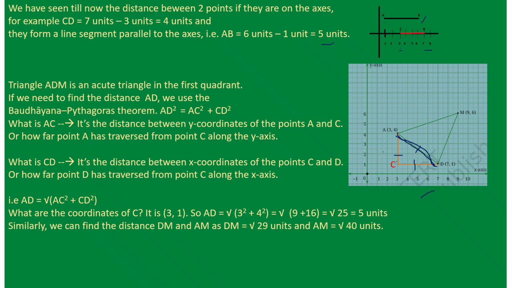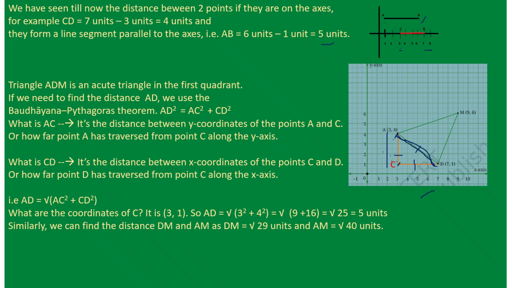So, how do you find the length AC now? It is the distance between the y coordinates of the points A and point C. We can infer from the graph very well. Or how far the point A has traversed from point C along the y-axis gives the length; see this is a line segment parallel to the y-axis.